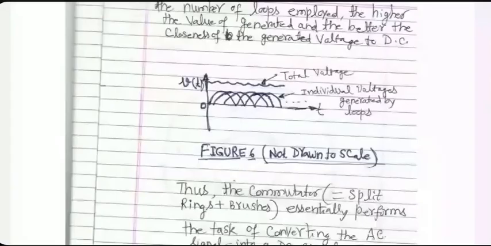And they of course help also the capacity of the generator for sure. So this is one way of justifying why we use many loops in the rotor rather than only one.